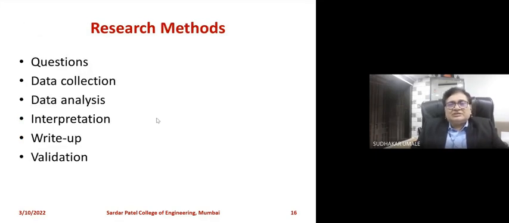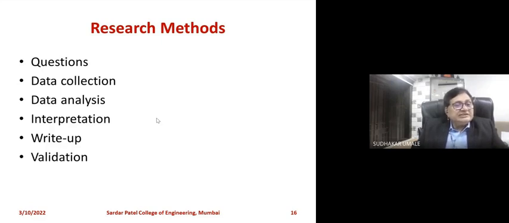Generally, we are following these research methods: questions, data collection, data analysis, interpretations, write up, and validations. So last is the validations. The purpose of research should be clearly defined and planned. Then you have the research methods.